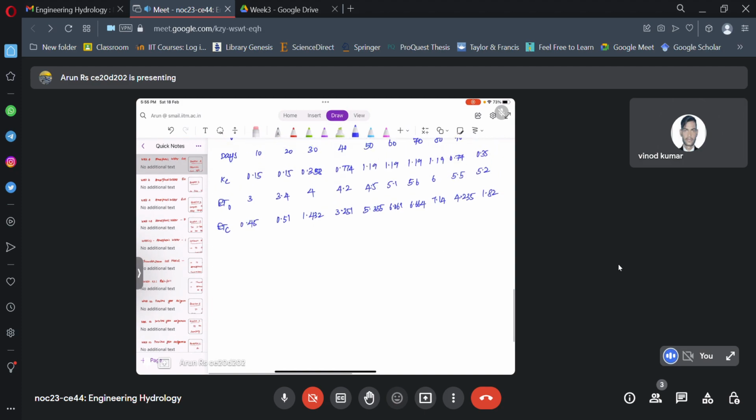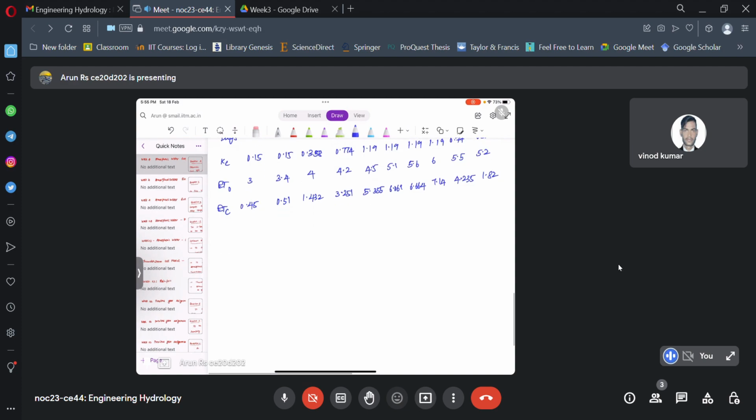From the seeding point till the harvesting, your ETc slowly increases, it reaches a maximum value and then again it drops down just before harvesting season. So this is how we compute the ETc.